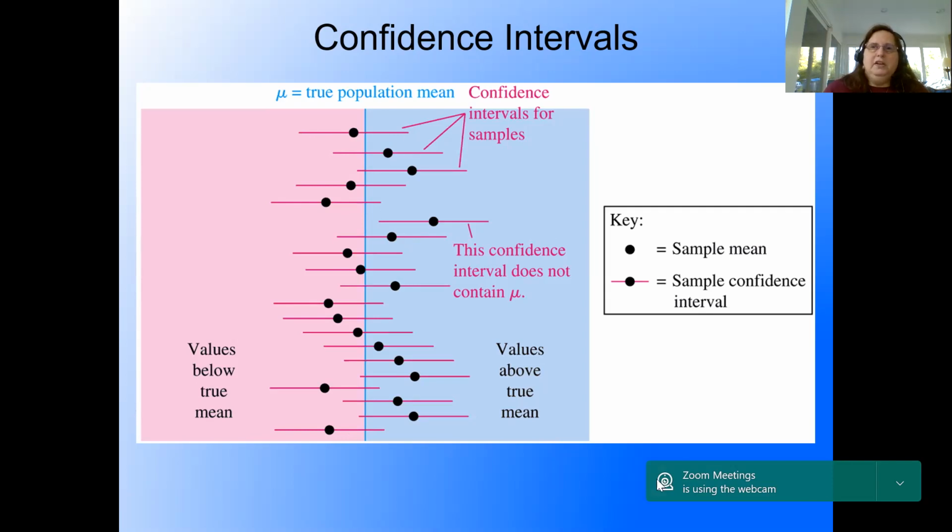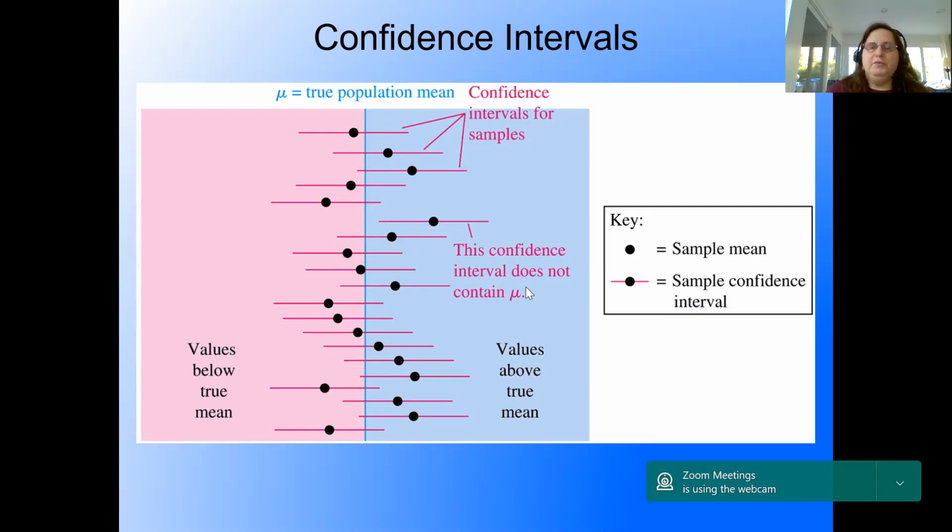So if this is the true population mean and we pull these samples to try to get at the true population mean, when we look at the confidence intervals, 95%, or 19 of 20, of these will include the population mean. And look how that works. All but one, or 19 of 20, do.